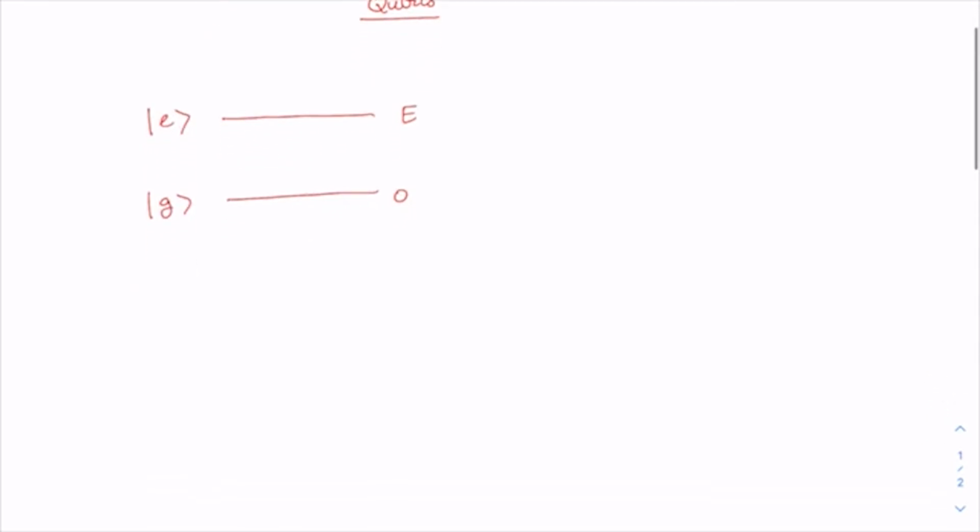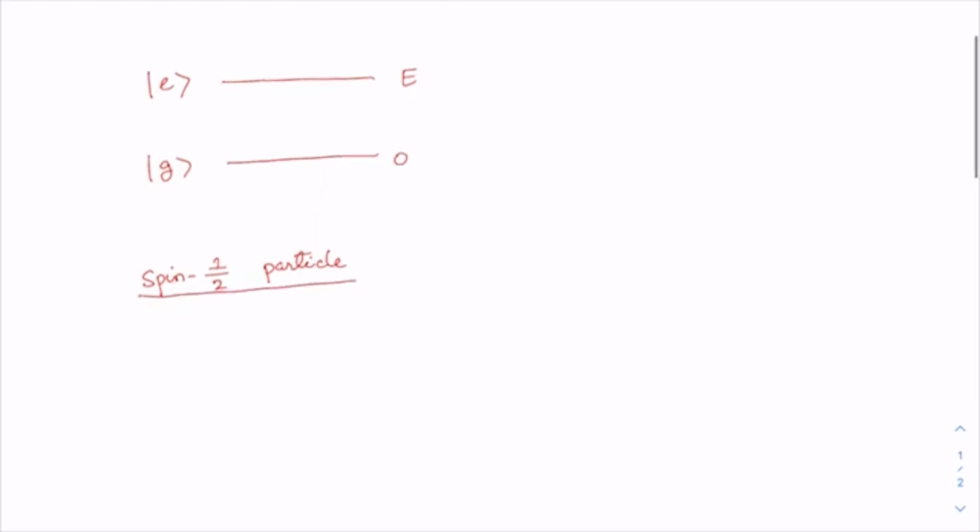In the real world, we can consider a spin-half quantum system as a two-level system, and we know that for a spin-half particle we have only two states. One is the up spin state and another one is the down spin state, and they can be represented by these kets.